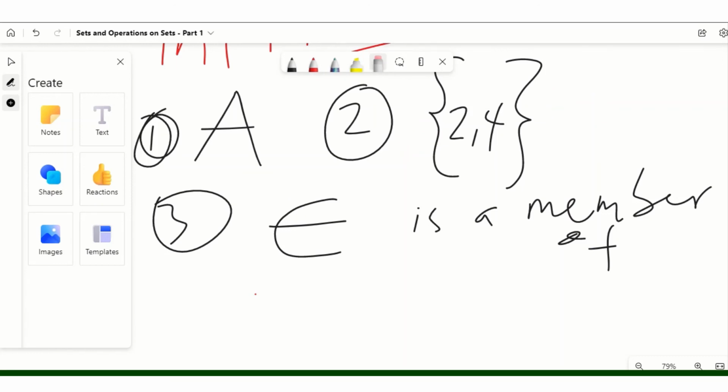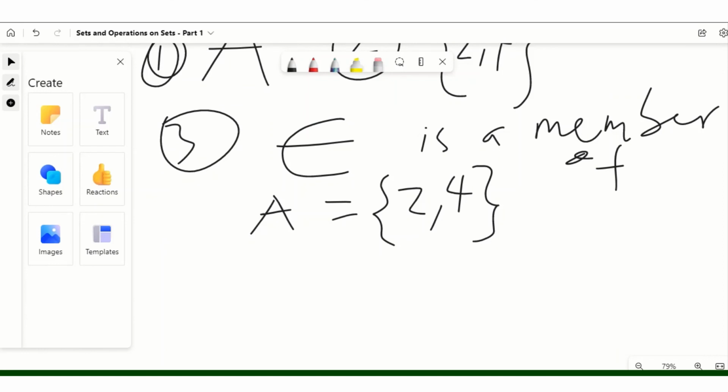Let's say we have the set A equals 2, 4. What we say is this: 2 is a member of what? A. Beautiful.